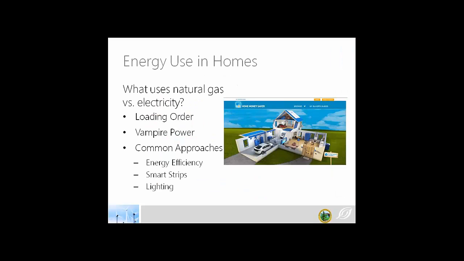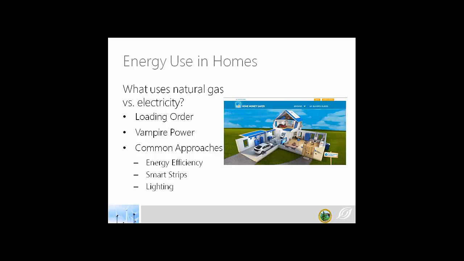Okay. So energy use in homes, what uses natural gas versus electricity? Things like your heater, if you have a furnace, that's going to be natural gas. Gas stoves, that's a big one here as well. The large majority of electricity usage comes from our electronics. Our appliances do use quite a bit, but there are always Energy Star rated appliances and things like that.